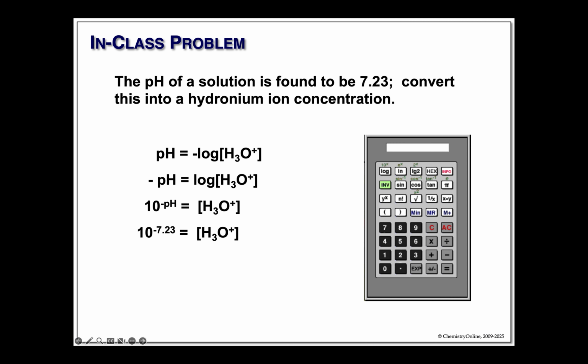So type in minus 7.23, hit that, I get 5.88 times 10 to the minus 8. By George, I have just calculated the hydronium ion concentration. Again, the key equation. Write down on your card or the back of your hand or somewhere: 10 to the minus pH is hydronium.